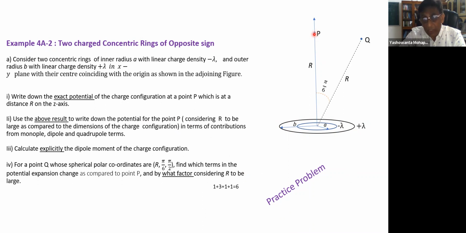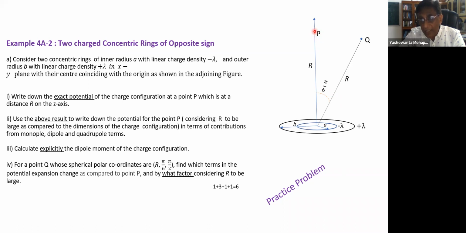You can do this directly without doing multipole expansion, and that was the whole intention of trying to show the relation. And suppose my field point goes to Q, that is, at an angle of 30 degrees. Then how does this change? We could not do that earlier.